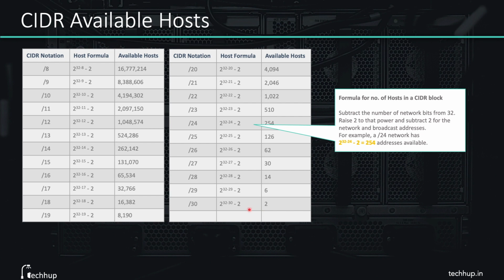The question states how many /29 networks can fit into /28, and you can determine the size of the network by looking at the available hosts. You can see a /28 has a larger number of hosts as compared to /29.